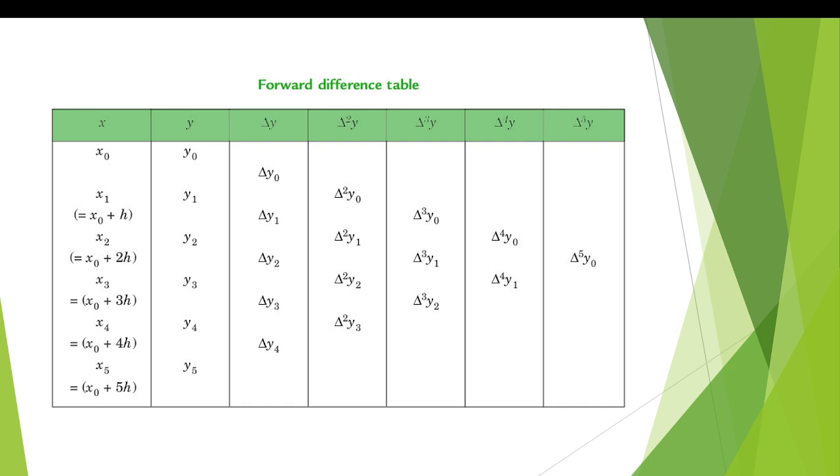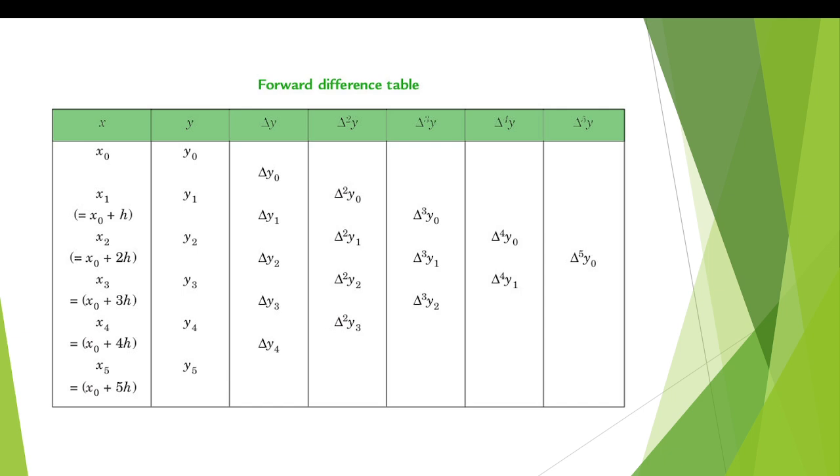The next column is del 3y, and we calculate del 3y0 from the values of del 2y0 and del 2y1, so del 3y0 is equal to del 2y1 minus del 2y0. In this way, we also calculate del 3y1 and del 3y2.